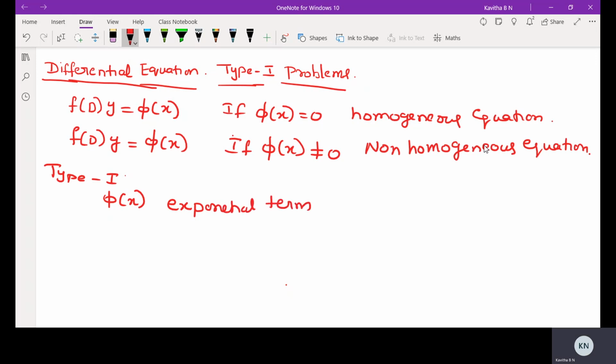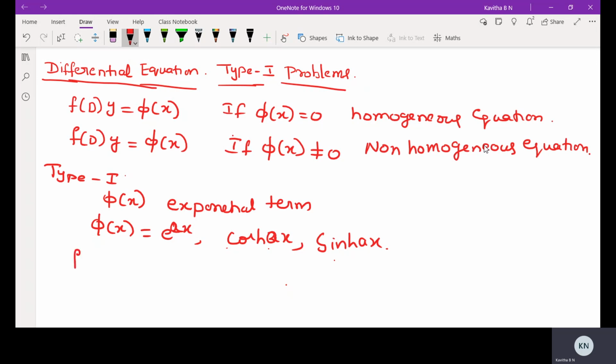For example, phi of x is equal to e to the power of 2x, or cosh ax, or sinh ax. If phi of x contains e to the power of ax, cosh ax and sinh ax, the given problem is a type 1 problem.